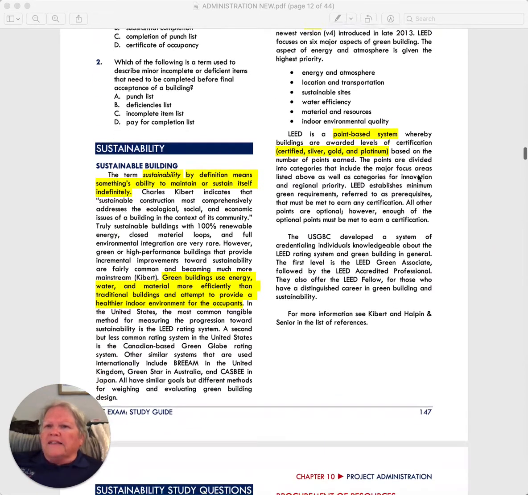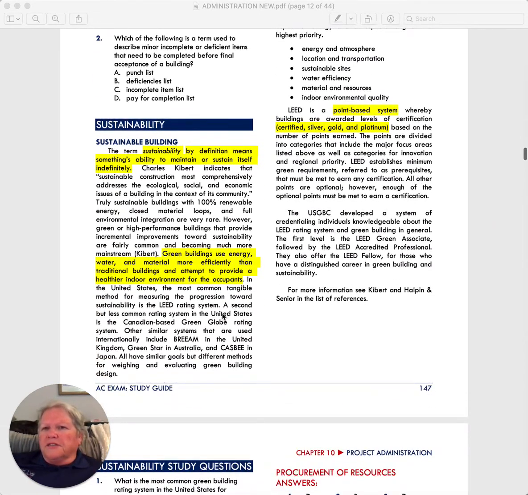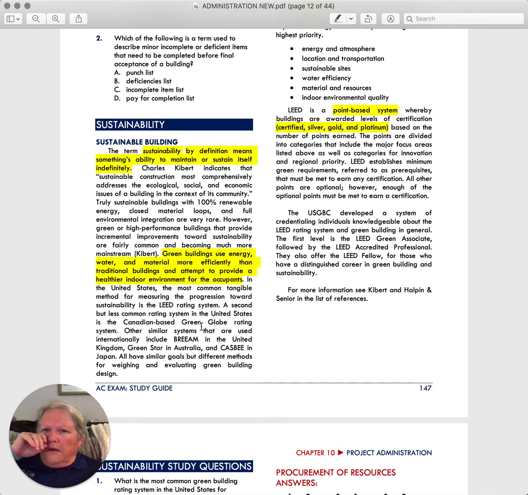I think the last thing that you need to know about this, in preparation for the exam, is that in other parts of the world, they have different systems. You can see here the Canadian-based system is called Green Globe. BREEAM is used in the United Kingdom, Green Star in Australia, and CASBEE in Japan.